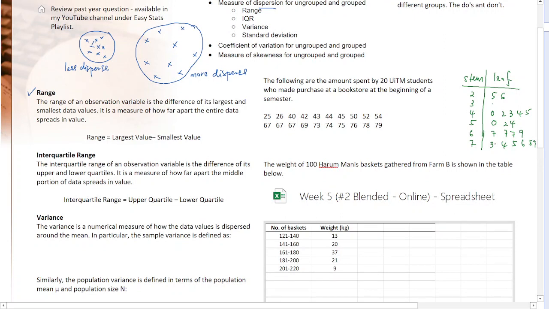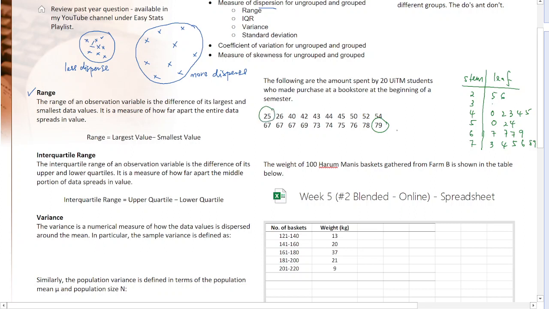I get this data from the stem and leaf like this, so it's transformed into a raw data set. If you want to find the range for this particular information, the range is the largest minus the smallest value. In this case, the largest value is 79 and the smallest value is 25.